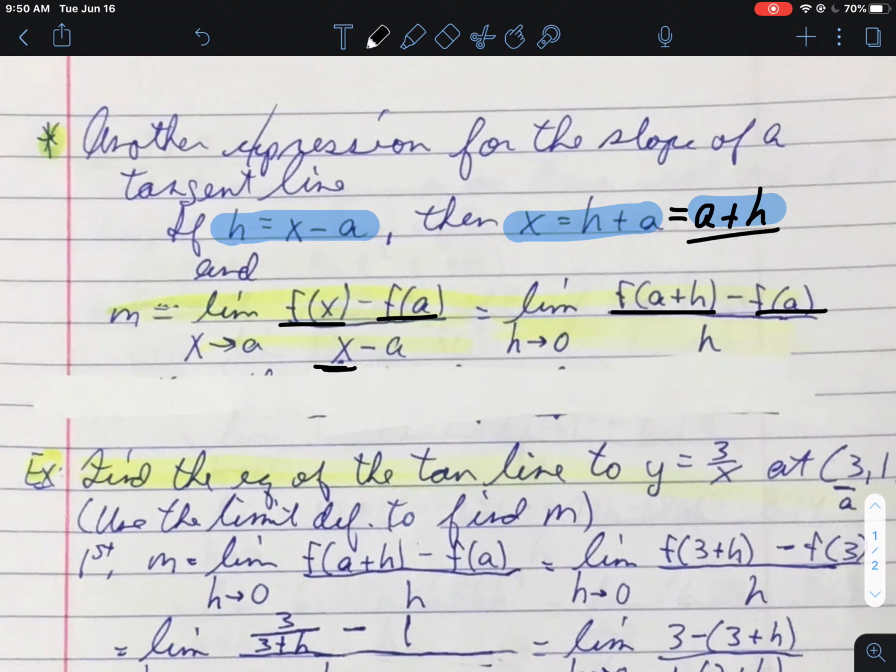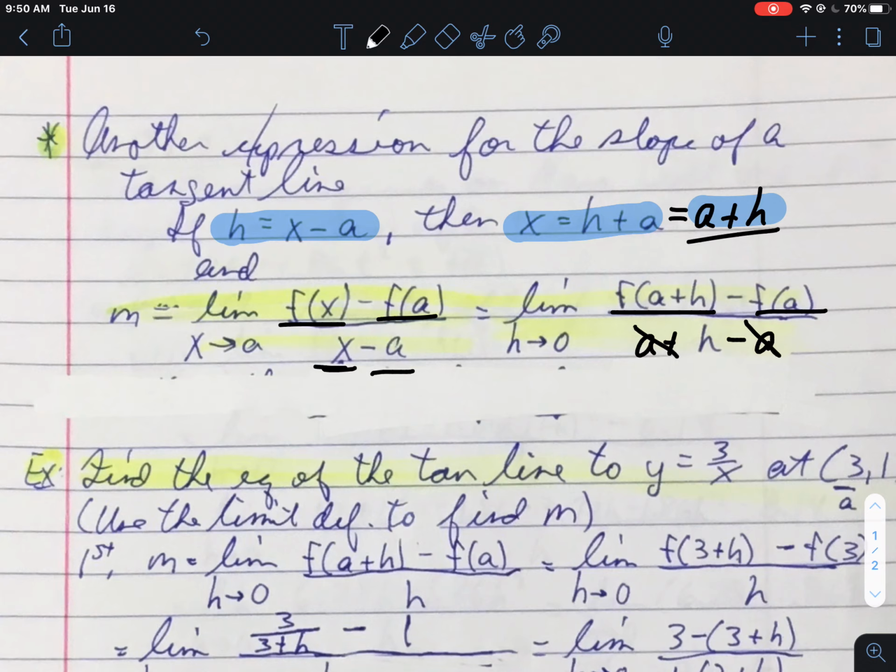I have a plus h, there's the x, and then we still have this minus a. But these are going to subtract out, and all we're left with is h. So f of a plus h minus f of a over h. That is the slope of the tan line. So it's two different definitions, and now you have two different ways that you can calculate the slope of the tan line.